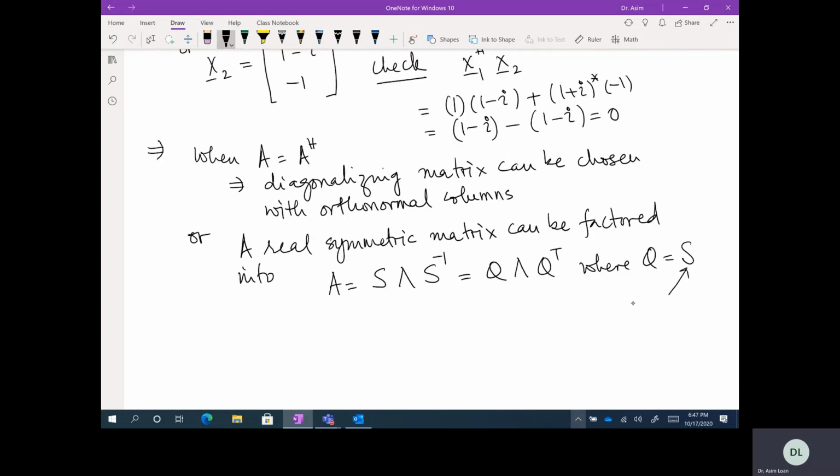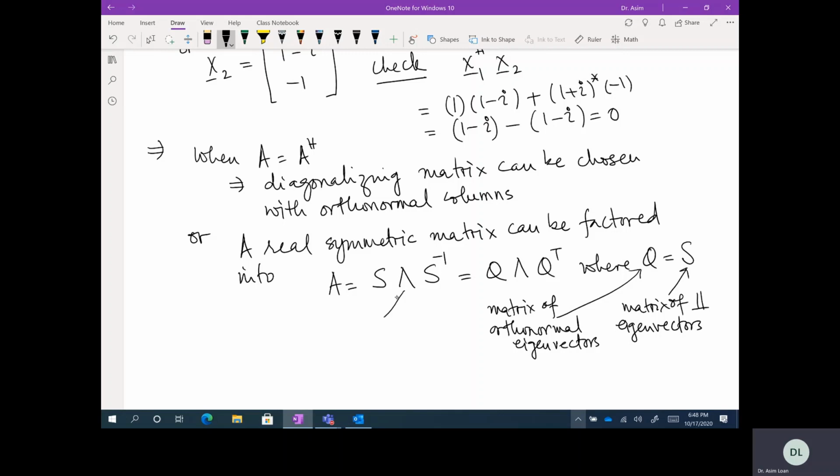This is a matrix of independent eigenvectors, and this is the matrix of orthonormal eigenvectors. Obviously, these are also independent.